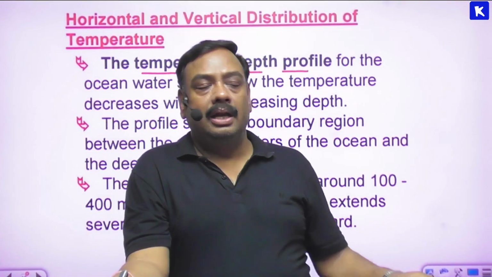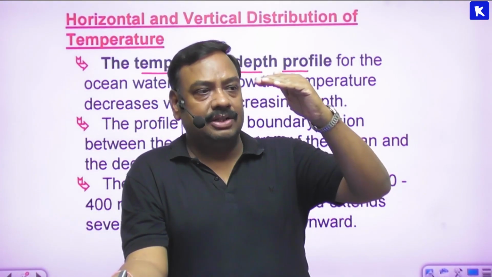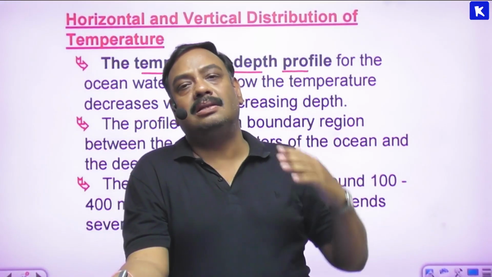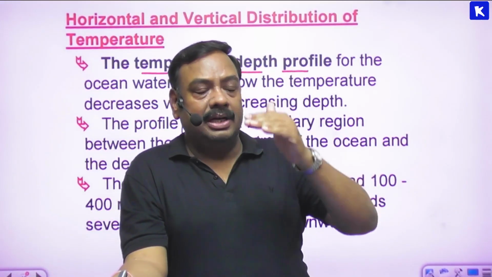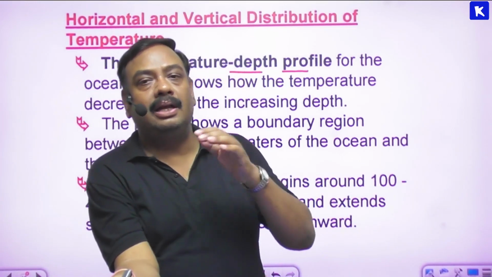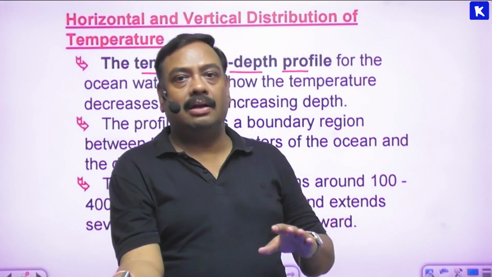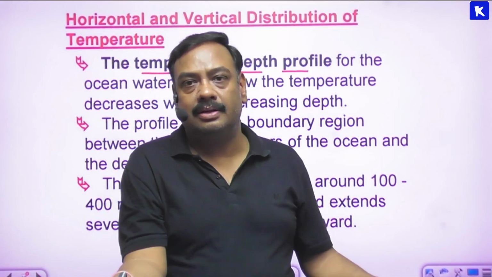Now, the maximum amount of heat is received at the surface, and the transmission is taking place downward. Obviously the amount of heat energy gradually decreases towards the bottom, and so the temperature also decreases.